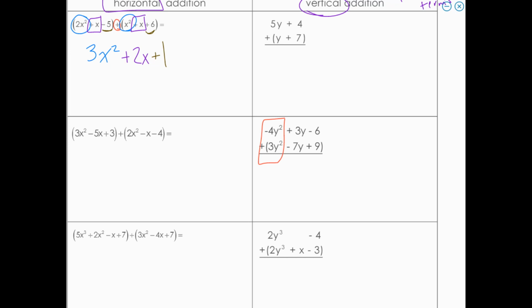So negative 4y squared plus 3y squared is a negative y squared, negative 1, but negative y squared. And then my second terms there are both y's. So 3y minus 7y is negative 4y. And then lastly, I've got 6 plus 9. Positive 3, yes.